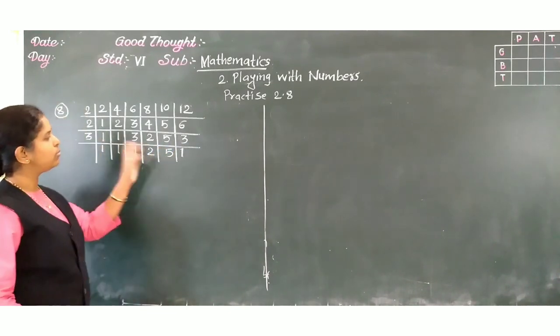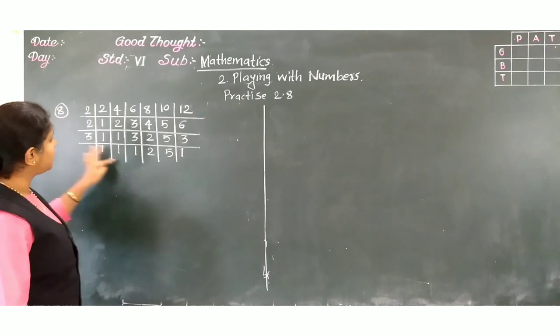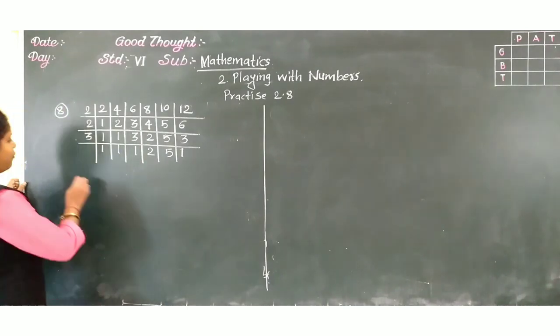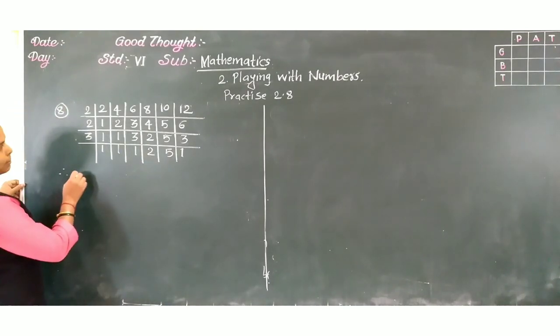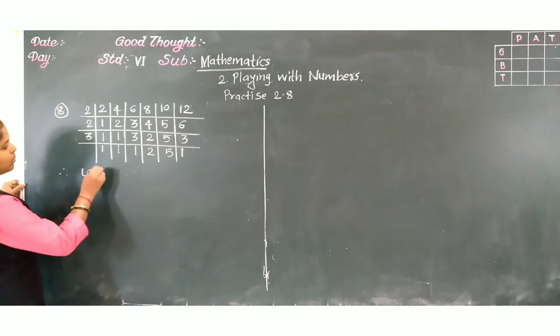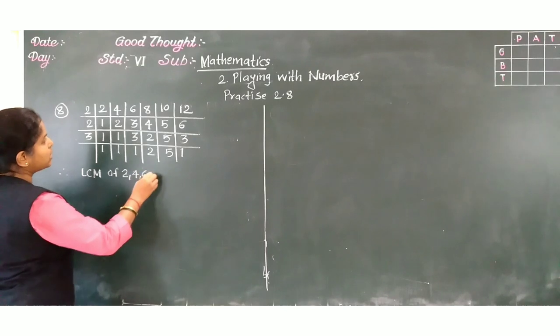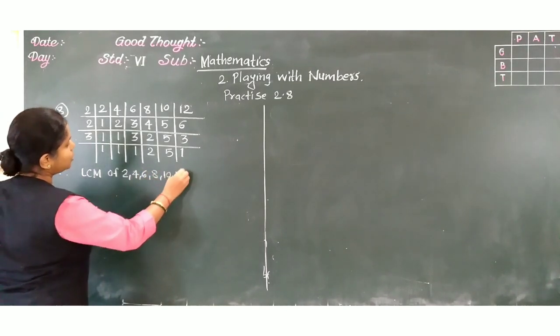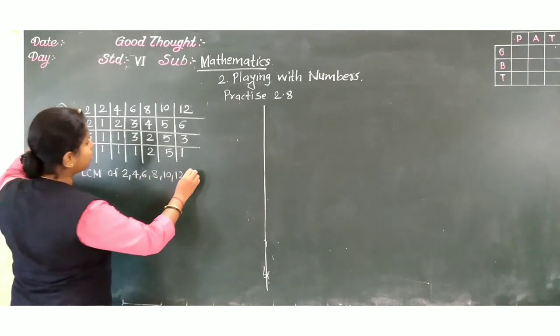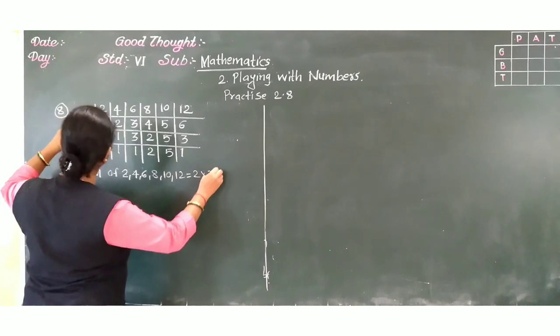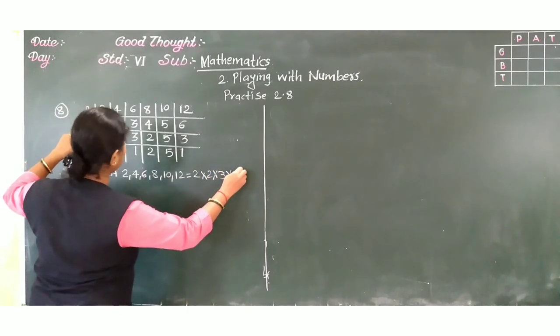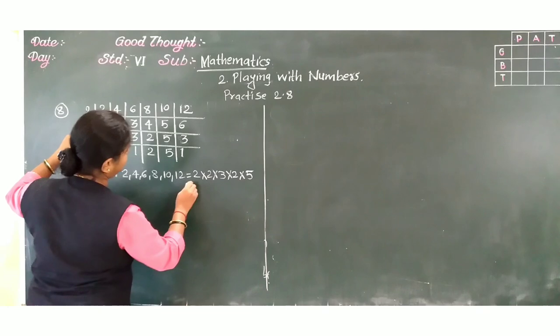Now can you divide? No. So therefore the LCM of 2, 4, 6, 8, 10, 12 is equal to 2 into 2 into 3 into 2 into 5.